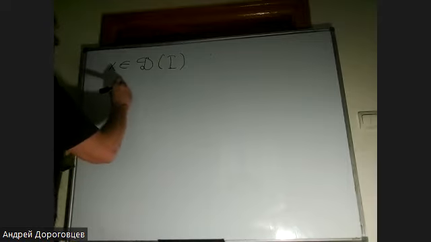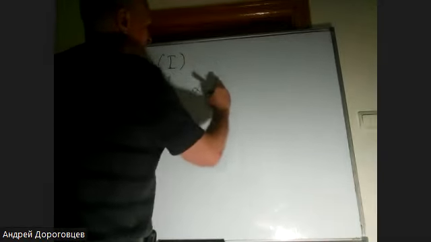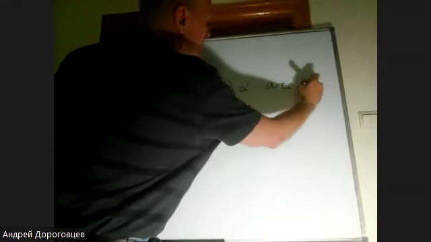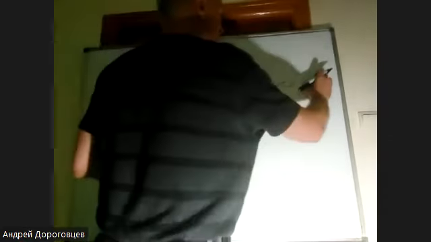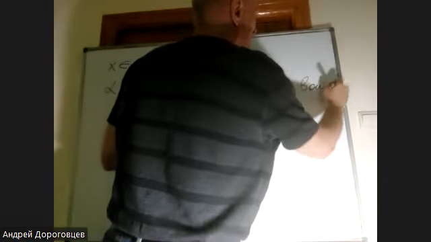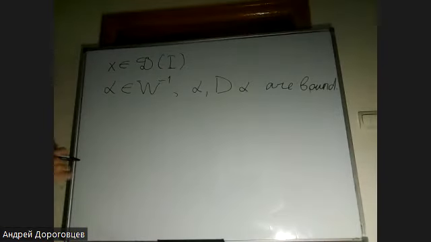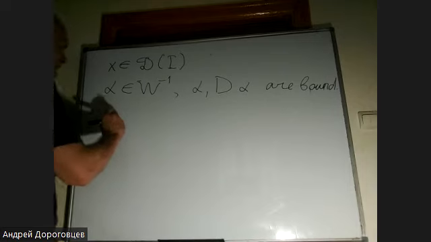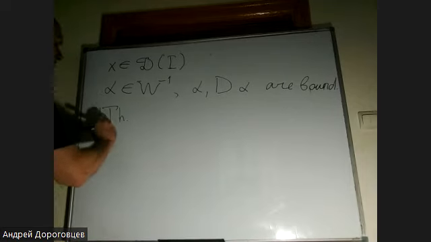Okay, so what is the situation which we will discuss? Suppose that we have x, which belongs to the domain of definition of E, and alpha is stochastically differentiable, and I will suppose that alpha and d alpha are bounded random functions. Then the following formula holds, this is the theorem.